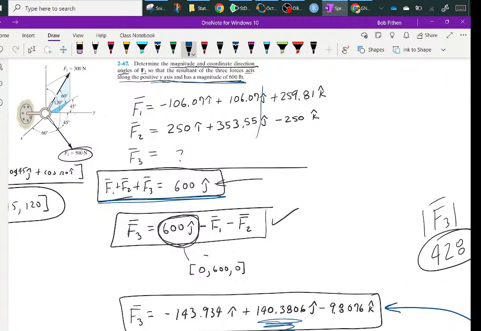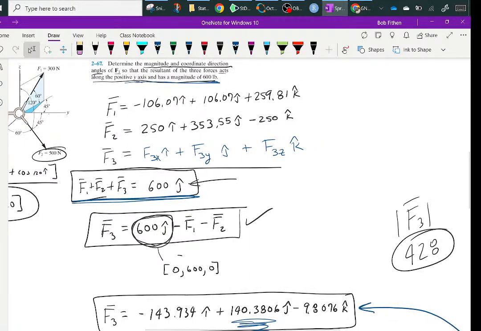If we got F1 and F2, and then you got some value, let's say F3x i plus F3y j plus F3z k. Now just take any particular one of these. This has to be 0.